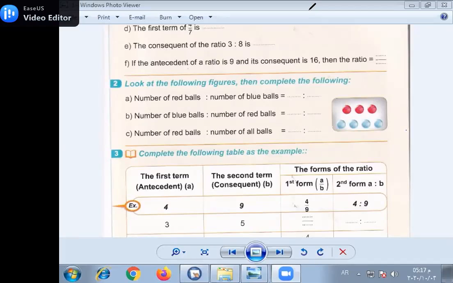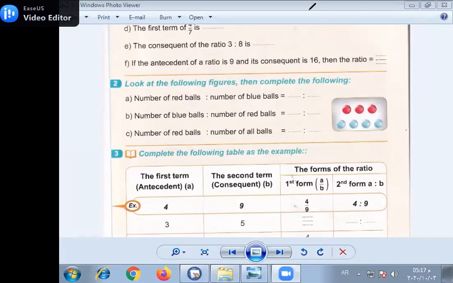The first is fraction form, A over B, and the second uses the to sign, which means A to B. The first row is completely answered. The antecedent is 4, the consequent is 9. The ratio in fraction form is 4 over 9, and the second form is 4 to 9.